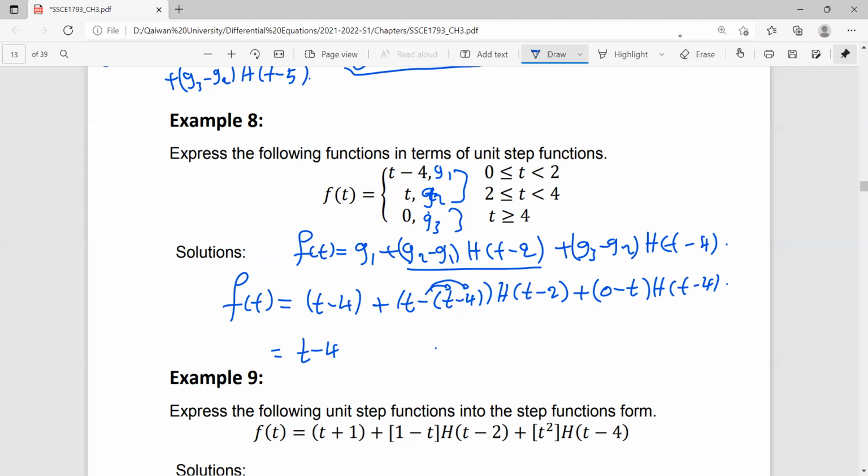These two cancel, you get 0, and you get plus 4. So t minus 4 plus 4 gives h of t minus 2 here; t and negative t cancel out, we get only 4 h of t minus 2, plus 0 minus t, which is minus t times h of t minus 4. This is the unit step function for the given step function.